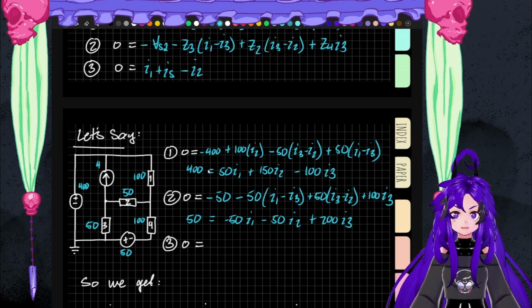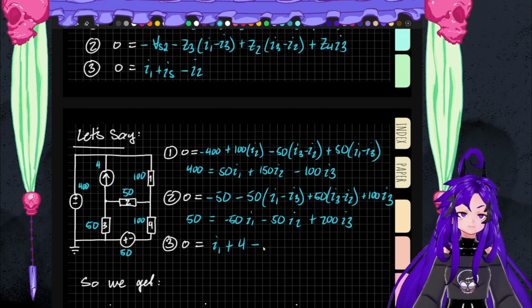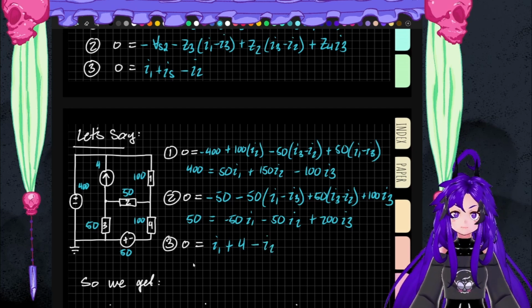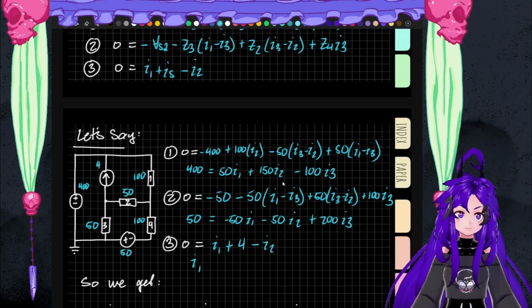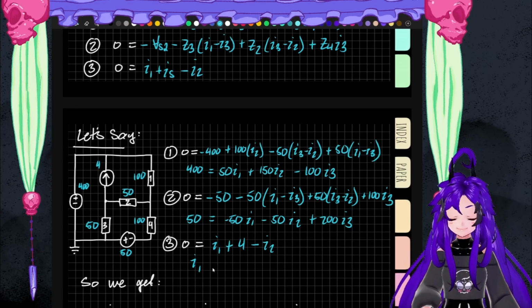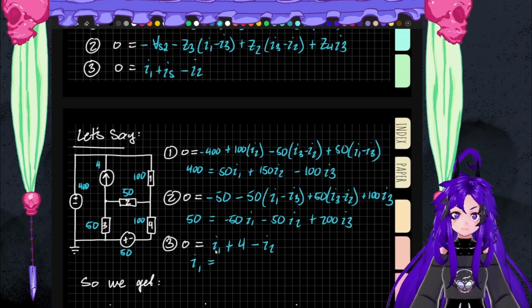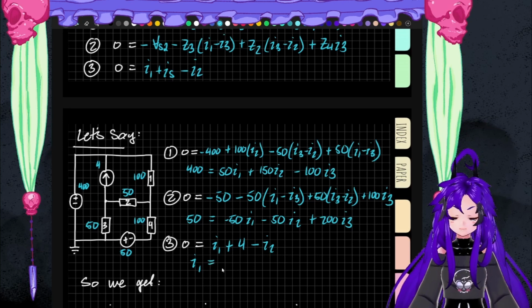And then finally our current equation, which is not going to change a whole lot, right? We just have a value for I source, which is 4 amps, and then we're going to have I2. We're going to go ahead and get this in terms of I1 because it'll just be fast. Basically, just solve this for one of them.